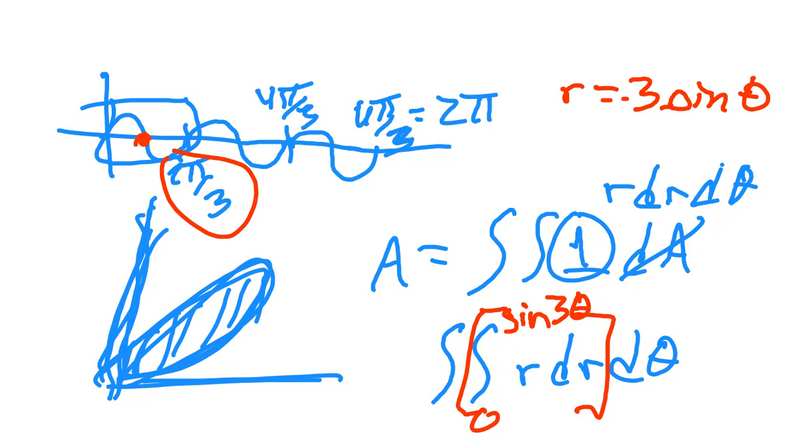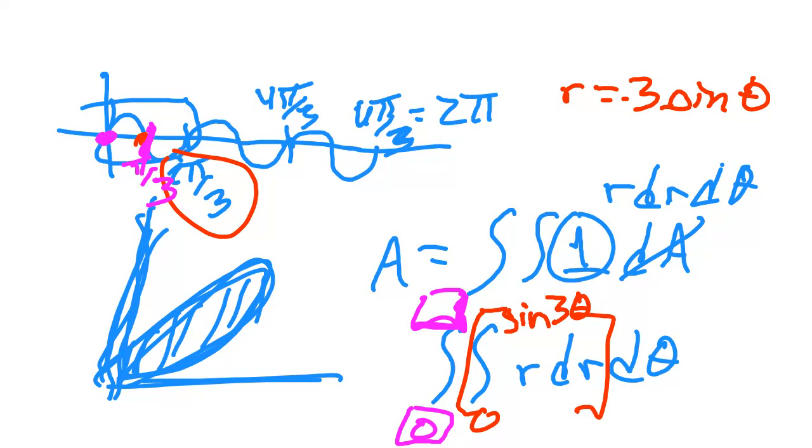So they only go to pi over 3. So this is going to be your big challenge here, is trying to come up with what are the limits of integration here and here, right? And so if I start at 0, then halfway here is pi over 3.